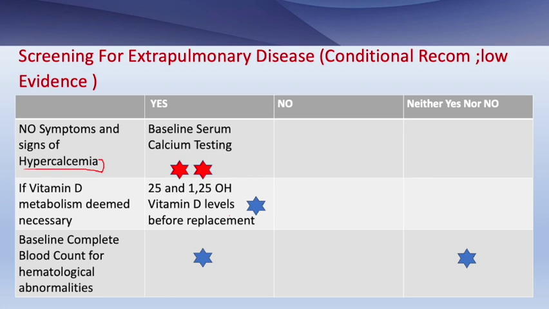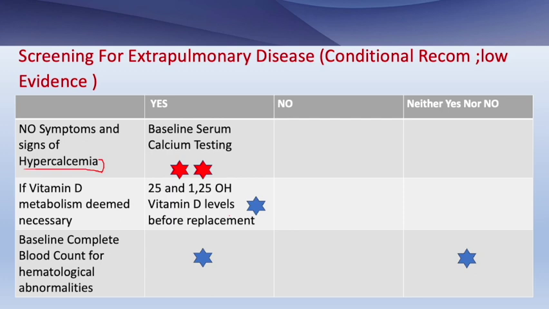The data with 125 hydroxy vitamin D has not been extensively studied with systematic reviews, but there are so many reasons why 125 hydroxy vitamin D testing must be done in sarcoidosis, and one of them is that it's been postulated that 125 hydroxy vitamin D may be a biomarker of the granuloma.